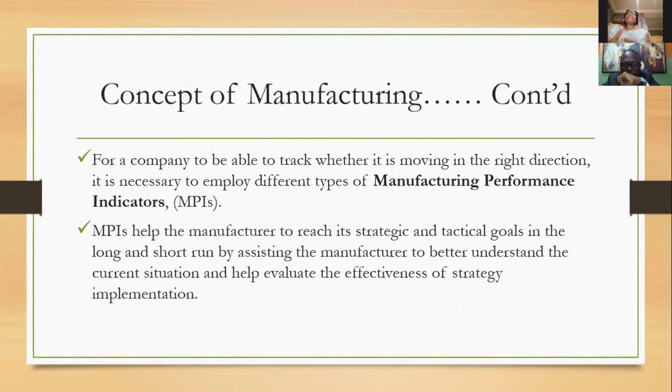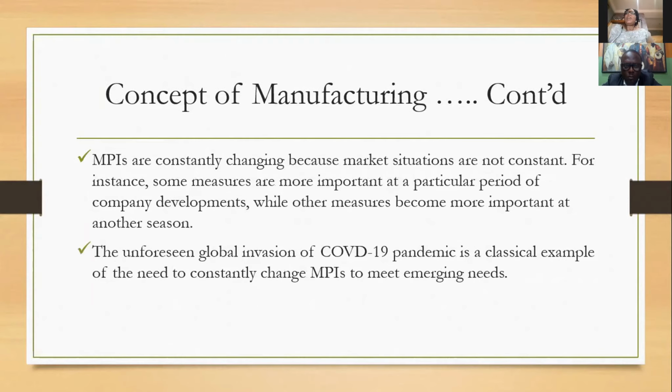MPIs help the manufacturer to reach its strategic and tactical goals in the long and short run by assisting the manufacturer to better understand the current situation and help evaluate the effectiveness of strategy implementation. MPIs are constantly changing because market situations are not constant.